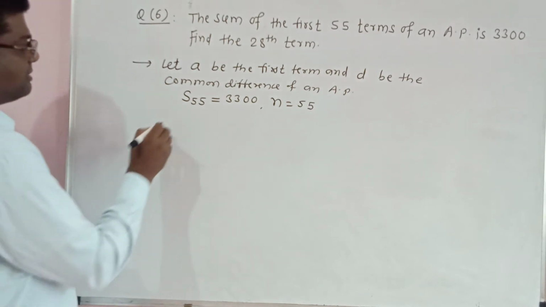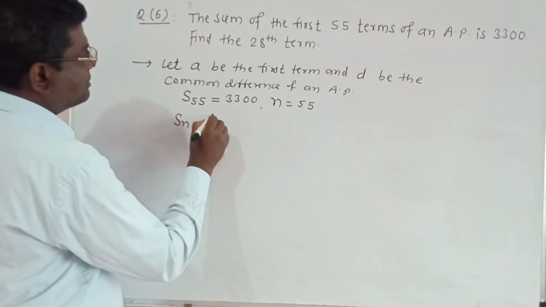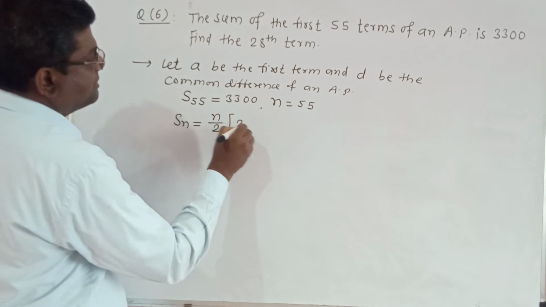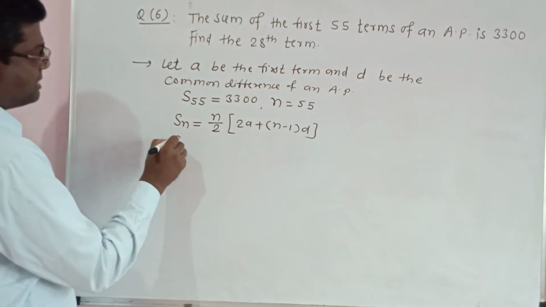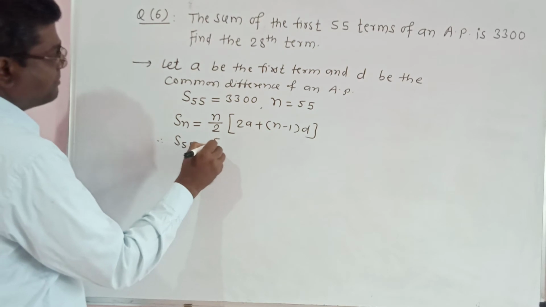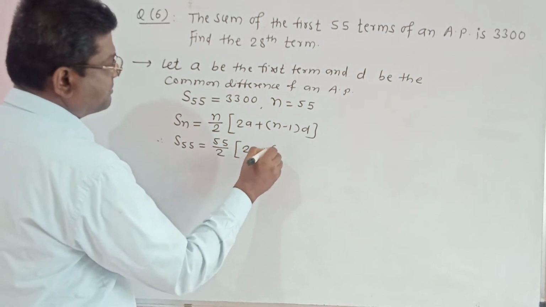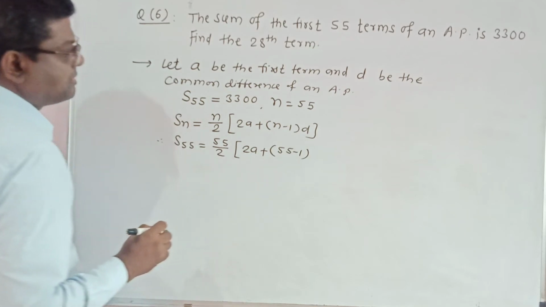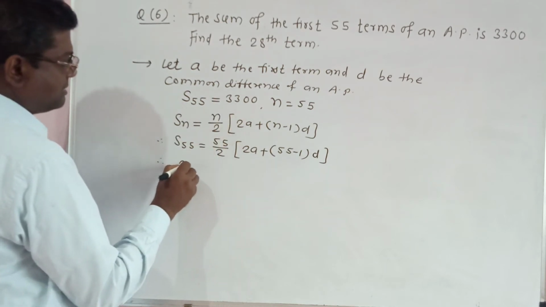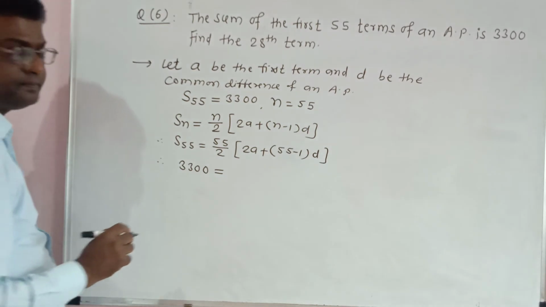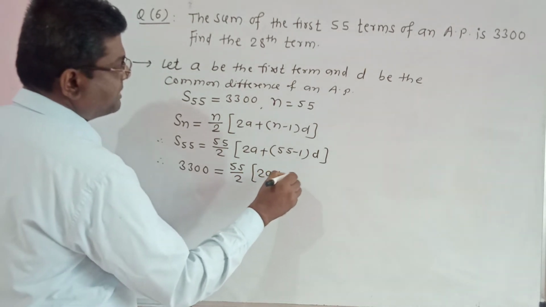Now the formula for Sn, that is the sum of n terms of AP, is equal to n upon 2 in bracket 2a plus n minus 1 into D. Therefore S55 is equal to 55 upon 2 in bracket 2a plus, n is 55, 55 minus 1 into D. Therefore S55 is 3300 is equal to 55 upon 2 in bracket 2a plus 54D.